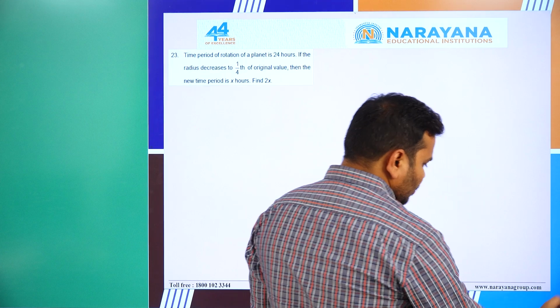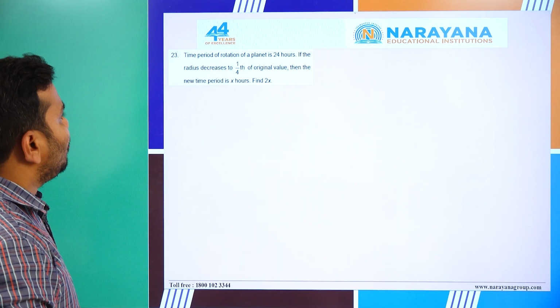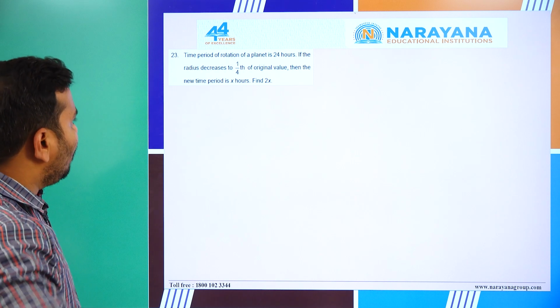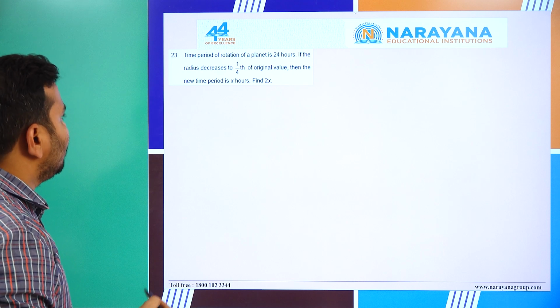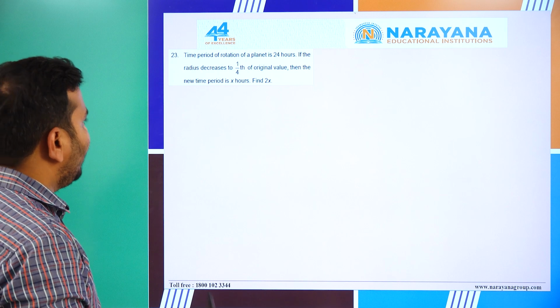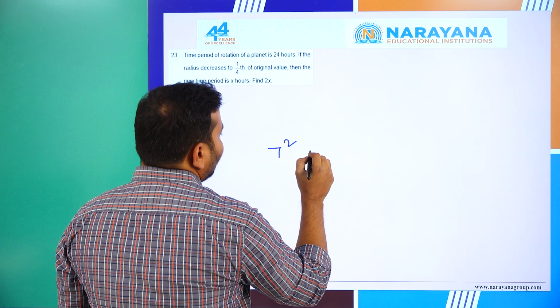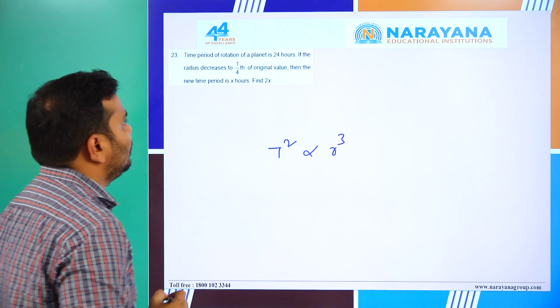So the next thing: the time period of rotation of a planet is 24 hours. If the radius decreases to 1/4 of the original value, then the new time period is x hours. Find 2x. We know the square of the time period is directly proportional to the cube of the radius.